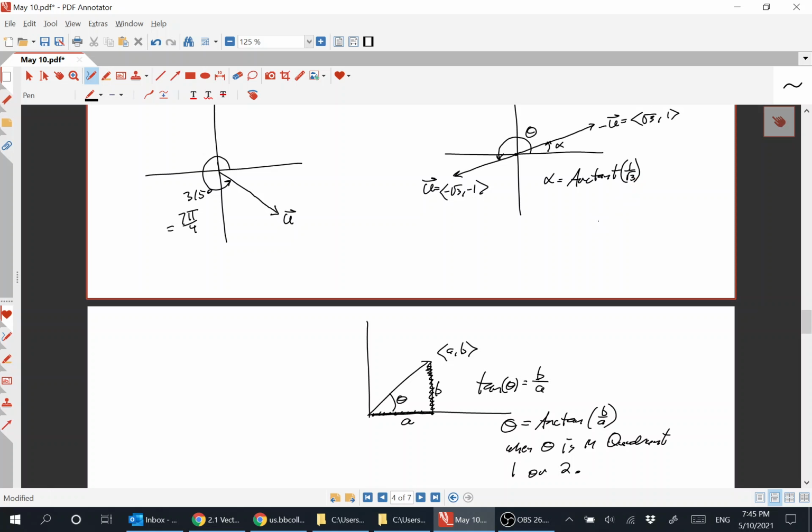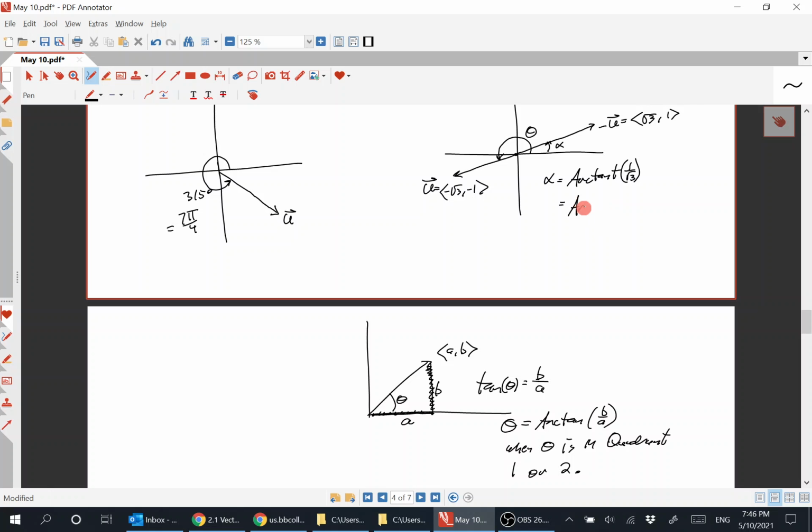Right, so alpha is arctangent 1 over root 3, which is equal to, well, it's again one of those special angles. I mean, it's a better example if you're not using these special angles. There's no real point in using them here.